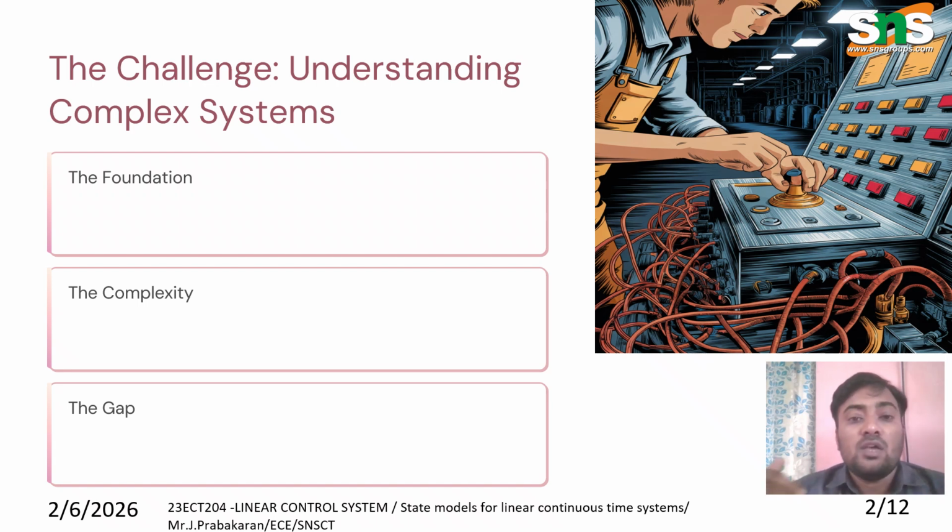Traditional methods focus heavily on mathematics. While mathematically accurate, they may not always provide intuitive understanding. Therefore, we adopt a design thinking approach to simplify the understanding of state models.